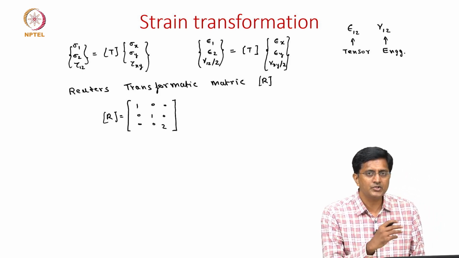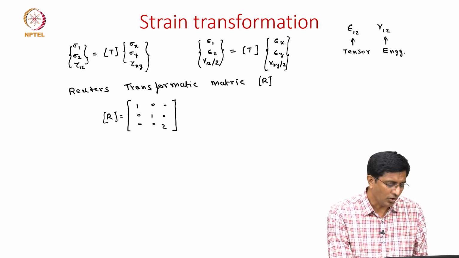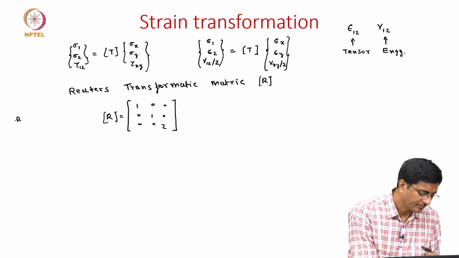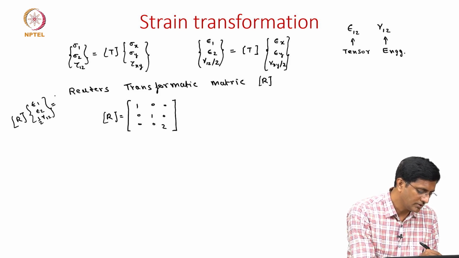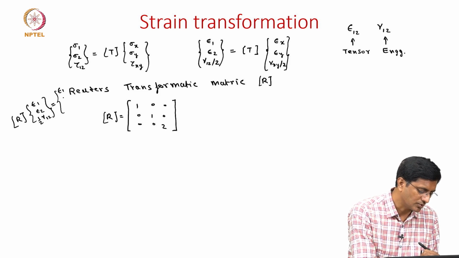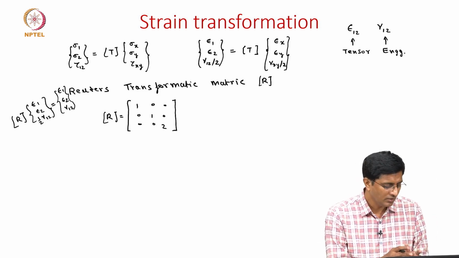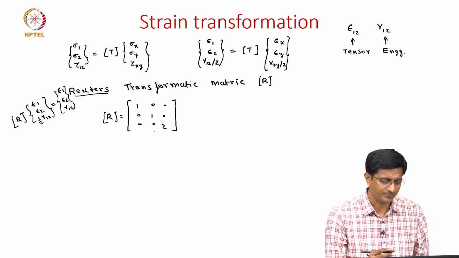Looking at this matrix, you should appreciate why we have 2 in the last element, because if I multiply this R with epsilon 1, epsilon 2 and half of gamma 1 2, this should give us the strains which we are used to, which are epsilon 1, epsilon 2 and gamma 1 2. Now, you can appreciate why we have this Reuter's transformation matrix written in this fashion.